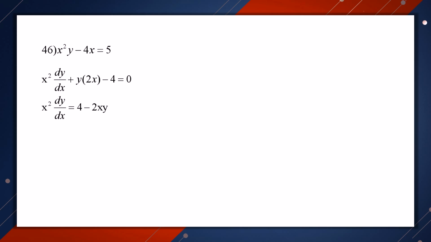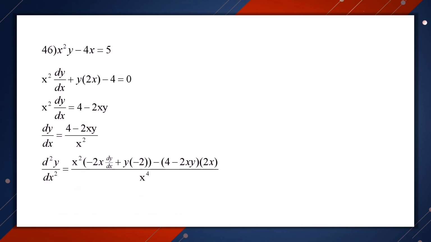And then we move 4 and 2xy to the other side, and we will get x to the power of 2 times dy over dx equal to 4 minus 2xy, and then we move x to the power of 2 to the other side, so we get the derivative of y equal to 4 minus 2xy over x to the power of 2, and then we find the second derivative of y.